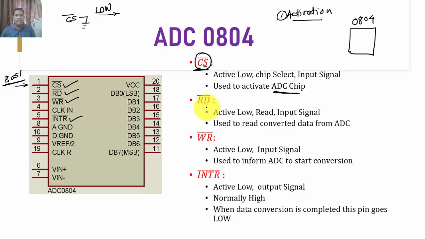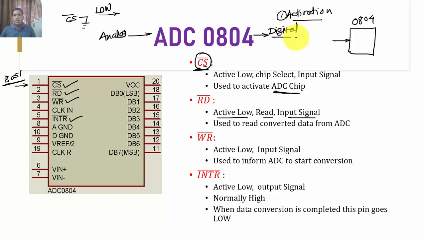Now the second, RD bar. RD bar is also an active low signal, right? It is the read input signal and is used to read converted data from the ADC. No doubt we are going to give the analog data as an input to this ADC, and when the ADC completes the analog to digital conversion, it is going to give the digital data.